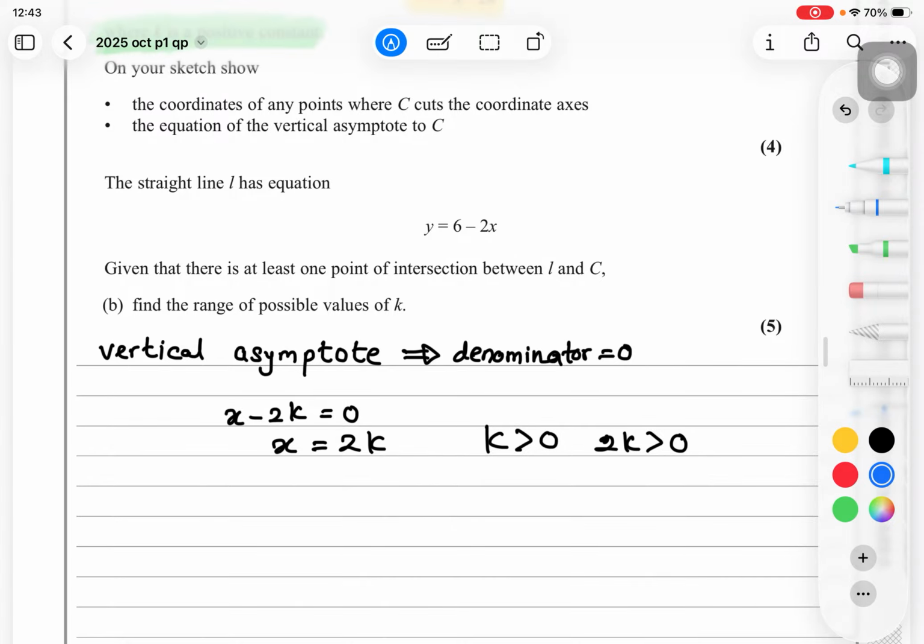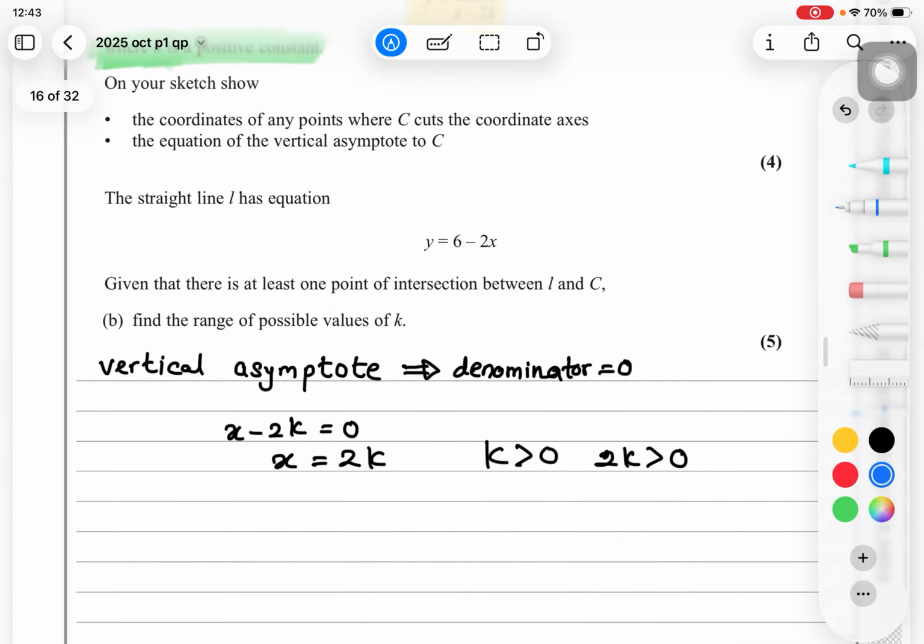The next thing we can do is, they're asking where it cuts the coordinate axes, so let's go with the x-intercept. To get the x-intercept, we have to set y equals 0. So for y equals 0, we can write 0 equals 4k divided by x minus 2k.